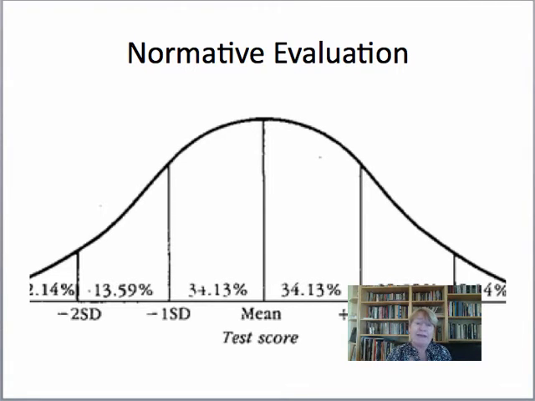So 98% of the people or the scores are at or below a z-score of 2. And then what's left above that is 2%. So if we kept on going, we'd ultimately capture 100% of the people or the scores.